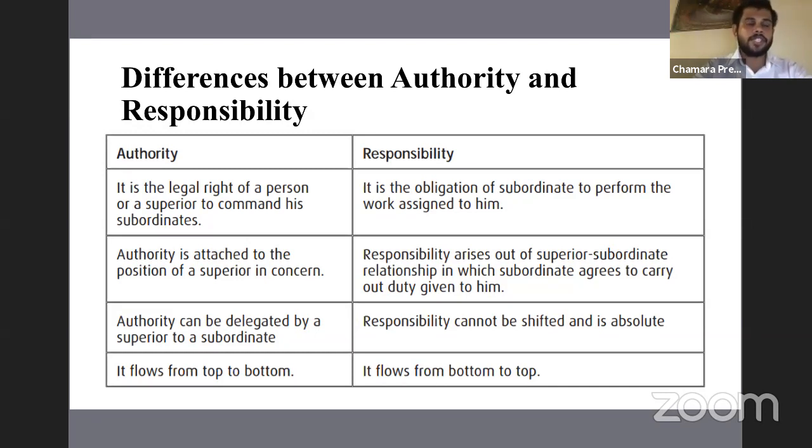So this is the second stage, the second chapter, and part 2 of that. Okay, so the differences between authority and responsibility.